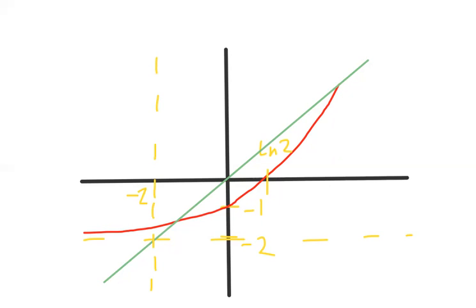The y-intercept will become an x-intercept at minus 1. And the x-intercept will become a y-intercept at ln 2. So this will be the shape of f inverse x. And this was f(x).